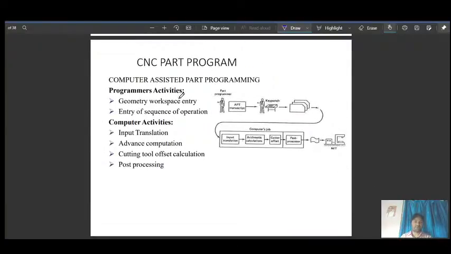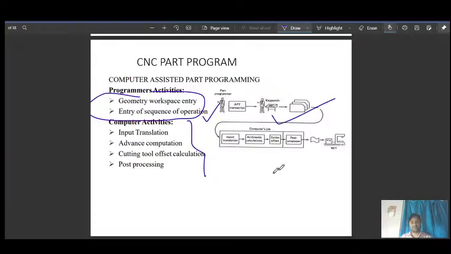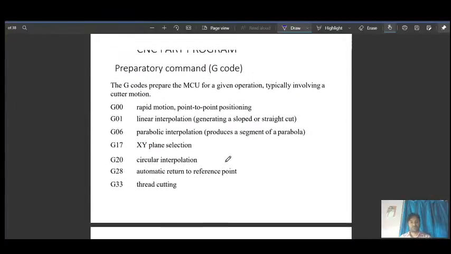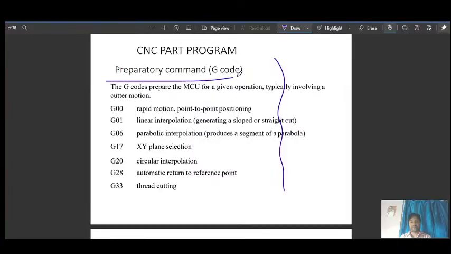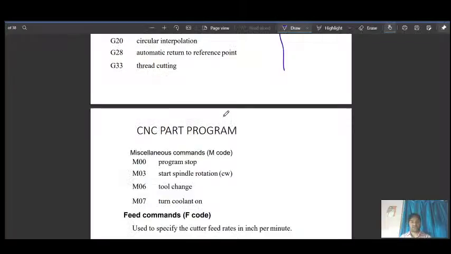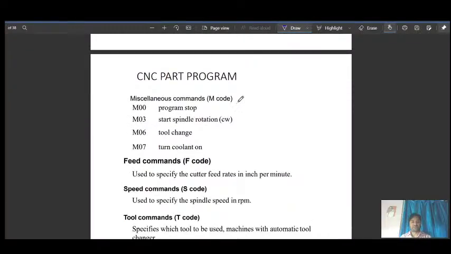Again, we also saw the programming activities: geometry, workspace entry, and entry of the sequence of operations, and the rest of the work is done by the computer itself. So general G codes are only preparatory commands, and this is not a complete list. M codes are miscellaneous commands.